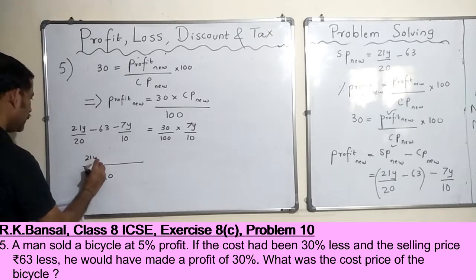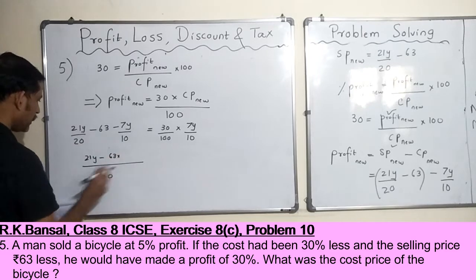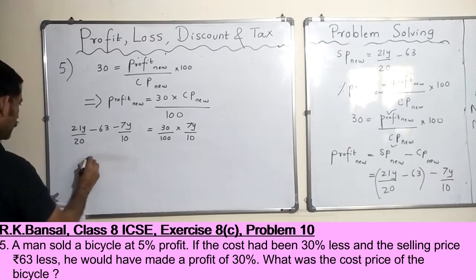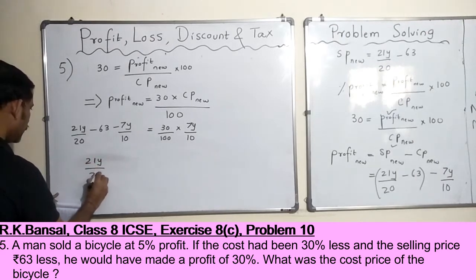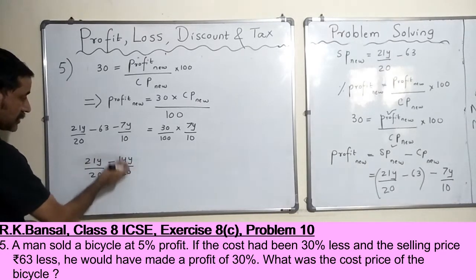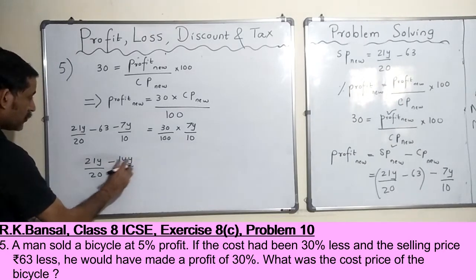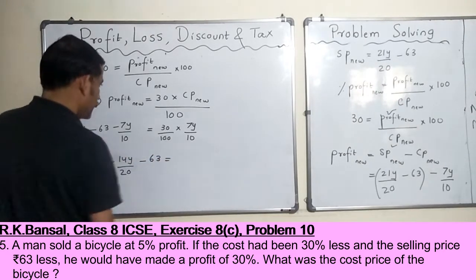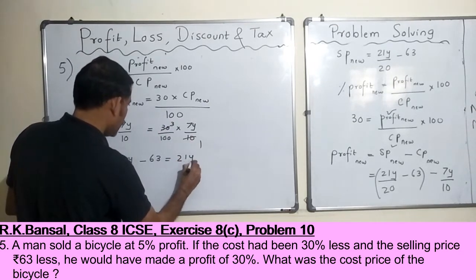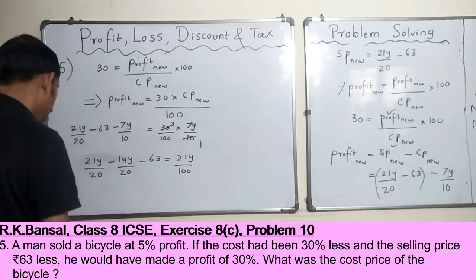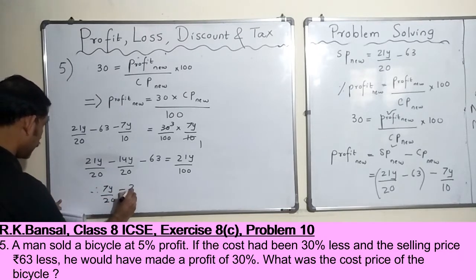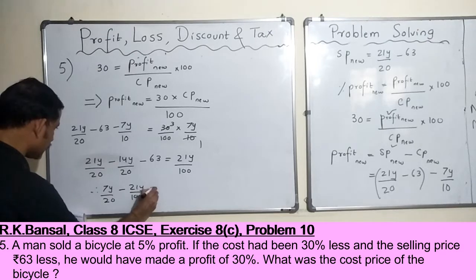So this is 21y by 20 minus 14y by 20, just multiplying both denominator and numerator by 2 so that I can combine them later. And this becomes 21y by 100. So this is therefore 7y by 20 minus 21y by 100 is equal to 63.